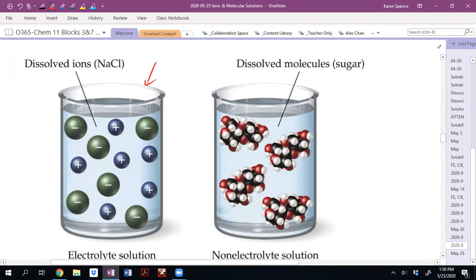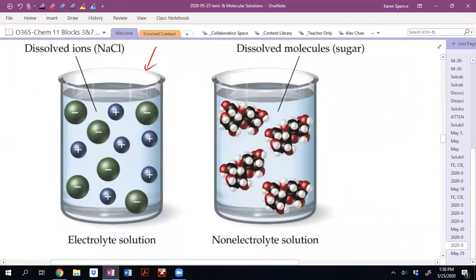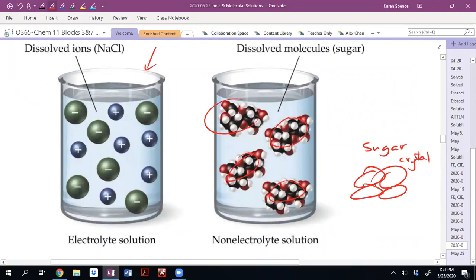And in the dissolved sugar, in the solid form, all of these individual sugar molecules would have been clumped together in a solid crystal. This would be a sugar crystal. But in a solution, they have been dispersed. They have been scattered, but they are not split into ions. And so there are no charged particles.